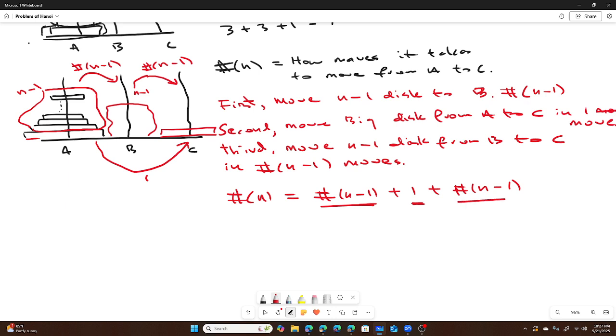And this term is to move the n minus 1 disks from pin B to pin C. When we combine all of it, it's going to be 2 times f(n minus 1) plus 1. So this is actually a recursive function.